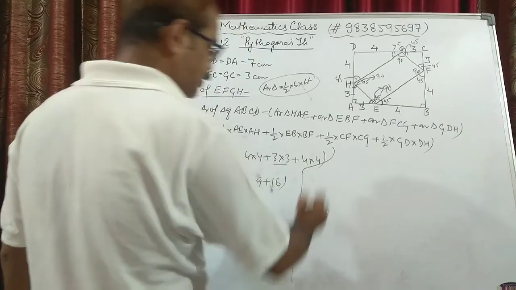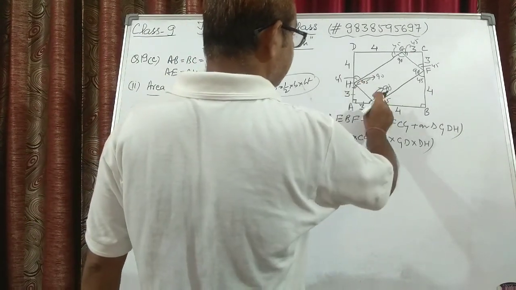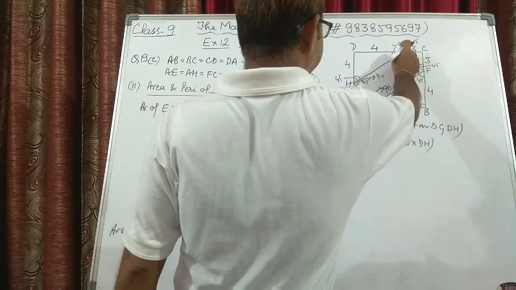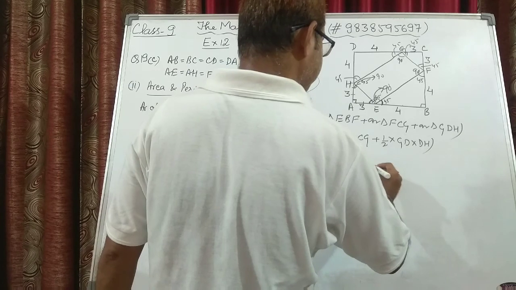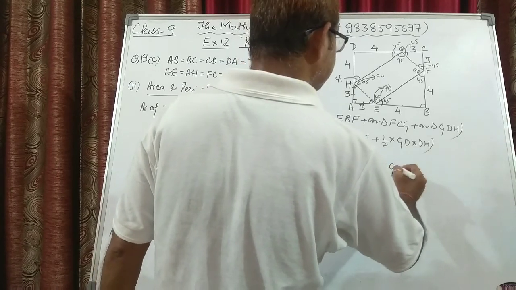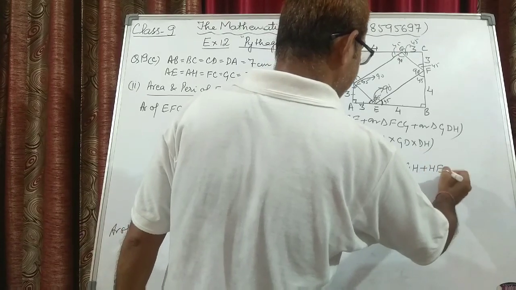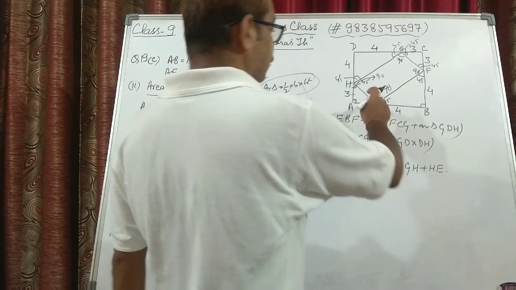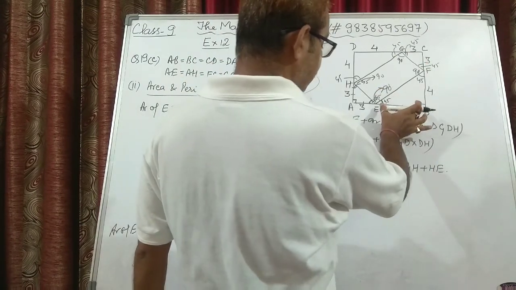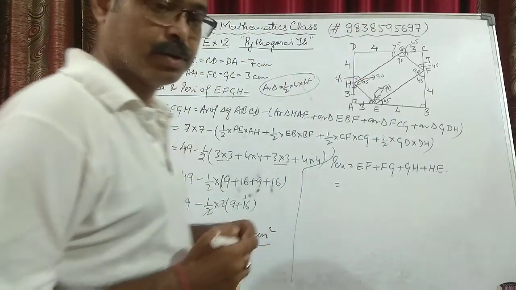Now when we need to find out the perimeter, perimeter will be EF plus FG plus GH plus HE. Now how do we calculate EF? This EF will be found again using Pythagoras theorem.